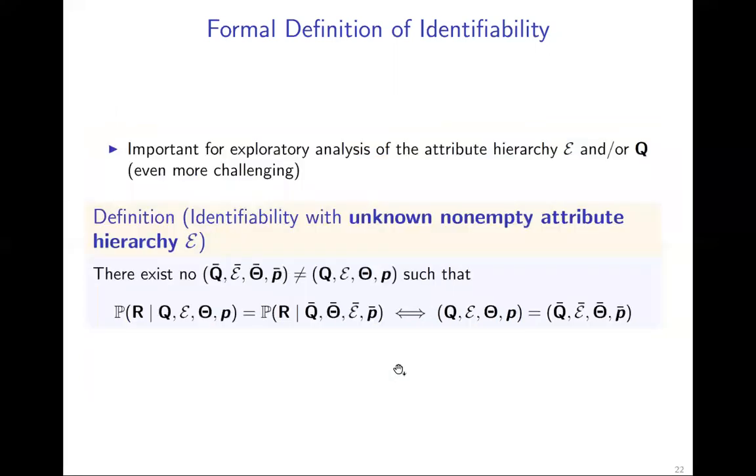Then an even more challenging question is to ask, what if we do not know Q, and what if there is some unknown attribute hierarchy constraining the parameters? Then the question is, based on the observations alone, how can we determine from data the Q matrix, the hierarchy, and all the related model parameters? So my talk will focus on the second definition and the third definition here.